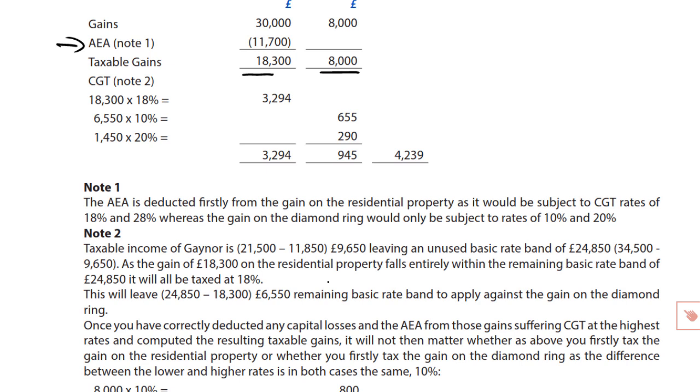So, we needed to know out of our remaining basic rate band limit, what was left, therefore, to use up at the lower 18% rate. So what have we got? Taxable income of gainer, we'd already done this, 9,650, and that leaves an unused basic rate band, 34,500 minus 9,650 of 24,850.